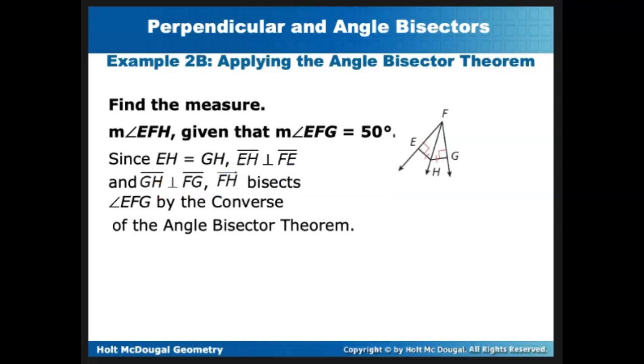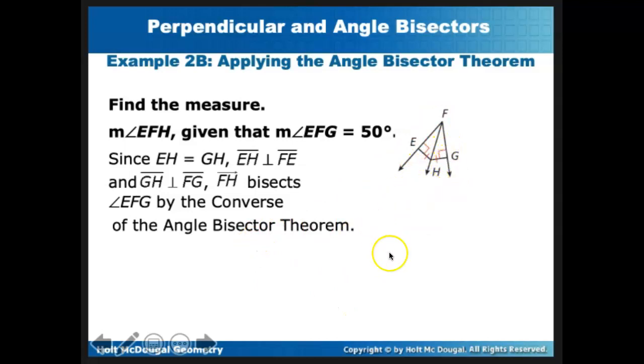Given the measure of angle EFH, I said that backwards, didn't I? Find the measure of angle EFH, given that the measure of the other angle is 50 degrees. Or is that the whole angle? Let's look.